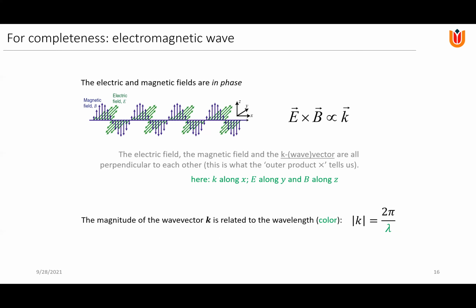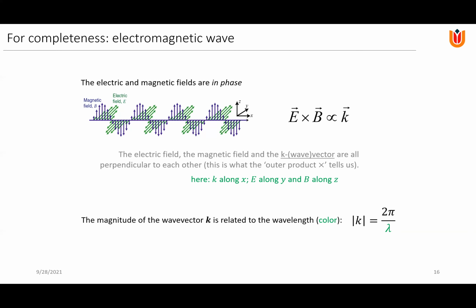So E cross B is an outer product, and that outer product is in the direction of propagation, the direction of the wave vector K. So if the EM field travels in this direction, then we would have, for example, an electric field perpendicular to that in this direction, and a magnetic field perpendicular to that in that direction.